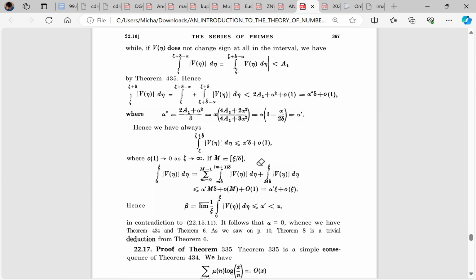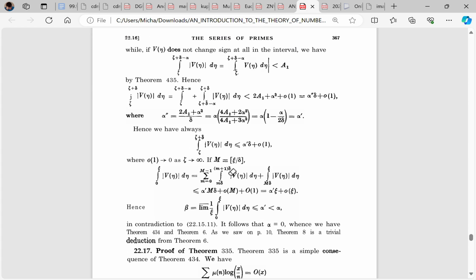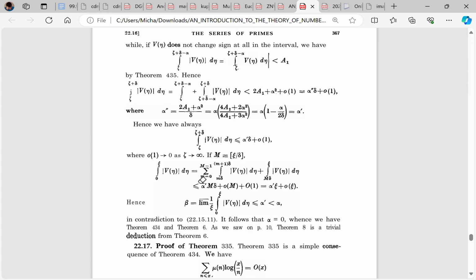Alright, so let M be the floor of C on delta. Okay, so maybe we should, the ultimate goal here is to prove that beta is less than alpha, and that's the final part of the theorem, and beta is defined to be the lim sup of this expression, so 1 on xc, integral 0 to xc, v of beta, this thing here.